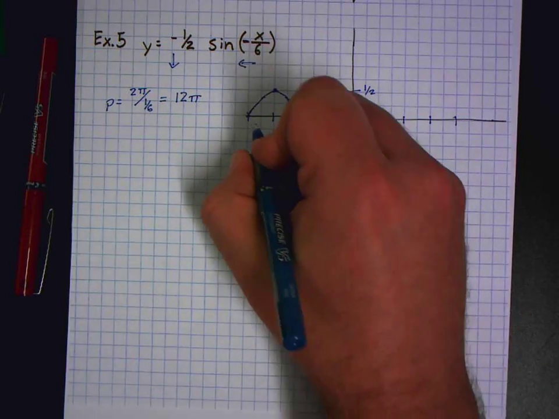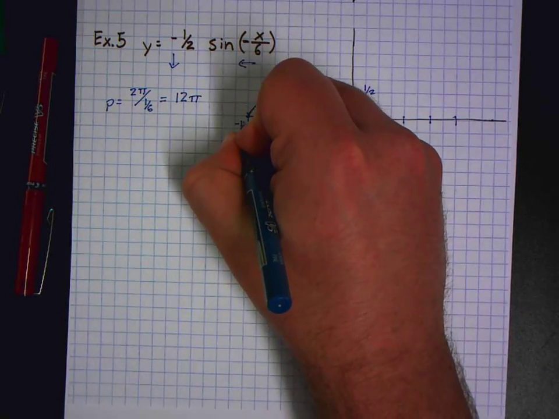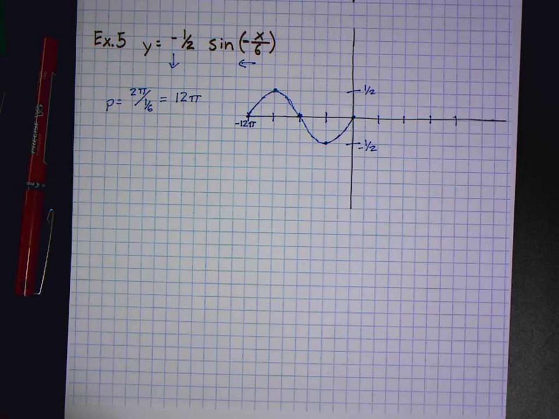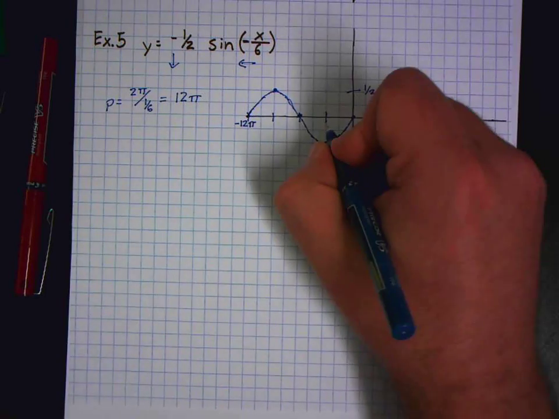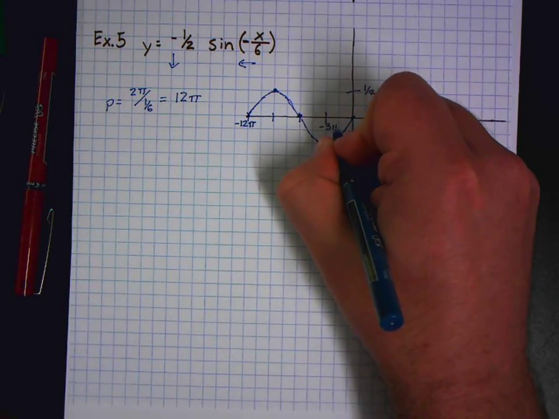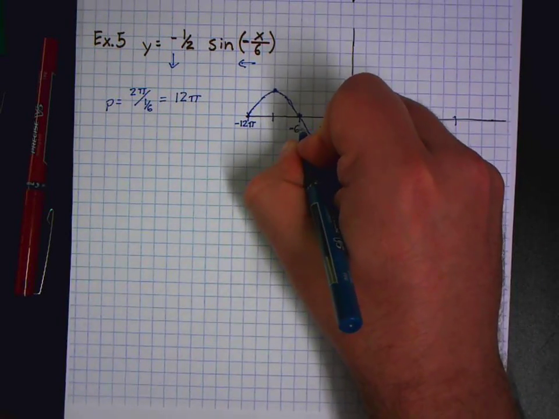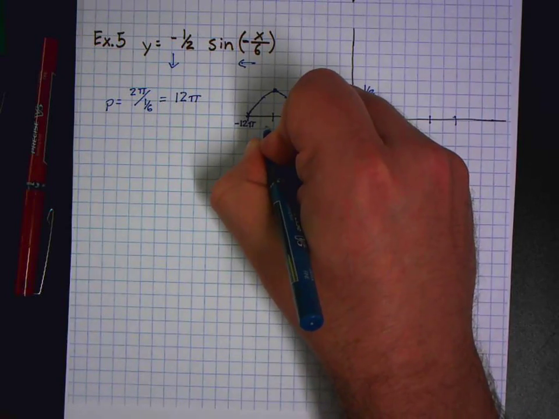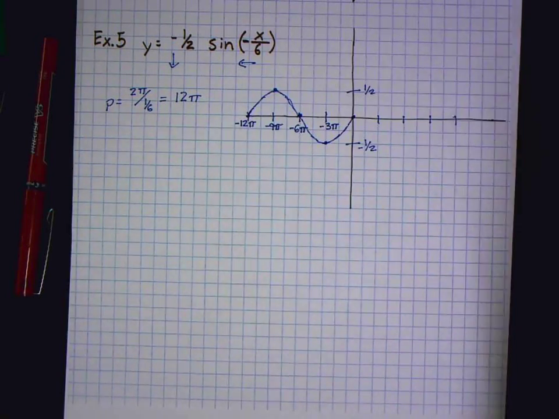So that means this number here is negative 12 pi. If I split that into fourths, what am I counting by? 3 pi. So this is going to be negative 3 pi. That's all I can do. Yep. That's all I got. So there we go.